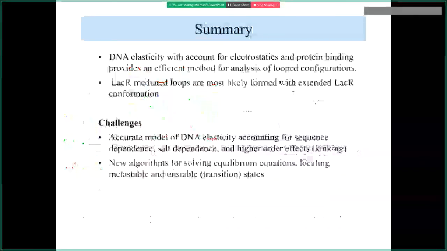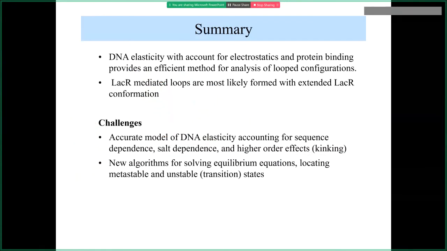So this is just an example of how we can use the mechanics and the ability to compute the mechanics of the DNA structure in addressing an actual biological question and the results of an experiment. So we used DNA elasticity and electrostatics to analyze these configurations, and we found that the loops are formed with the extended conformation.